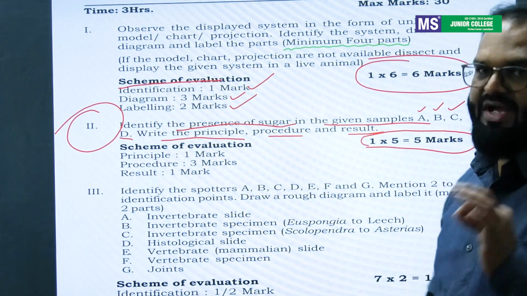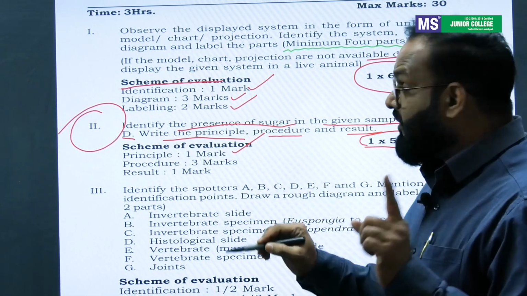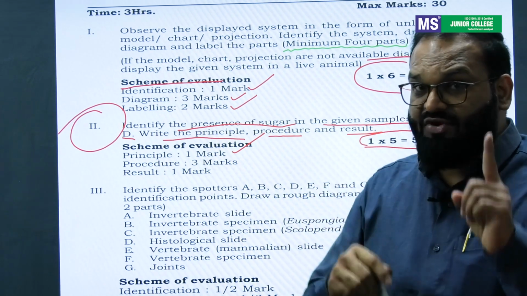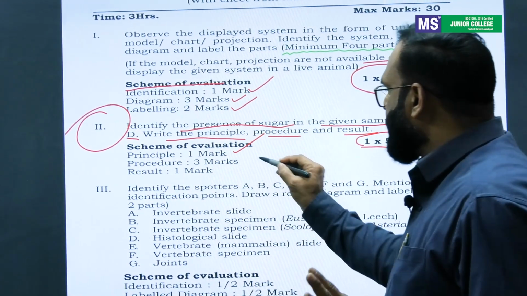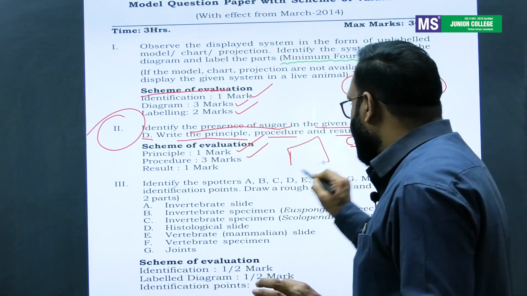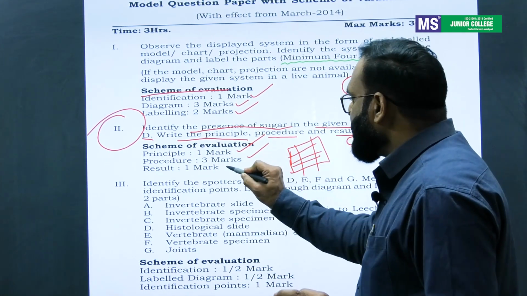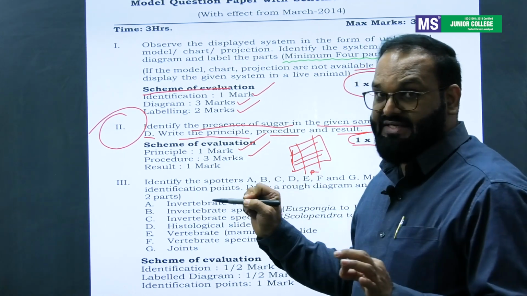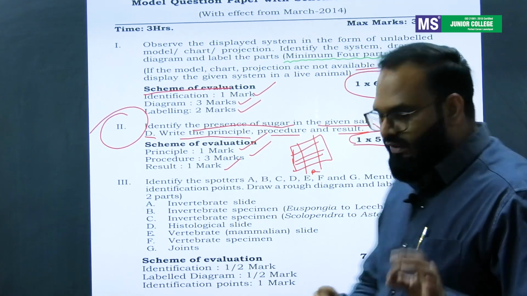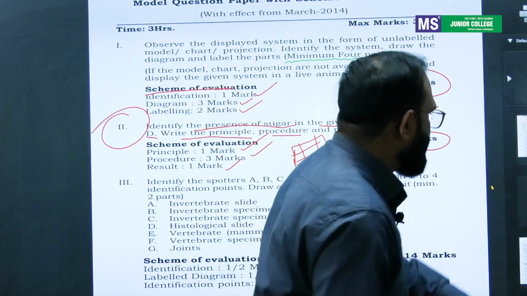This carries a maximum of 5 marks. Writing the principle, 1 mark, compulsory, everyone should write the principle. Procedure, 3 marks, after drawing that table, and finally when you write the result, it carries 1 mark. I would like to display that also to you, students.